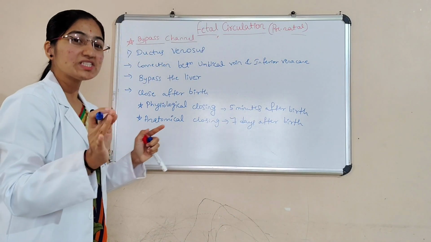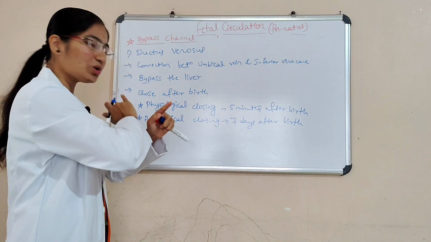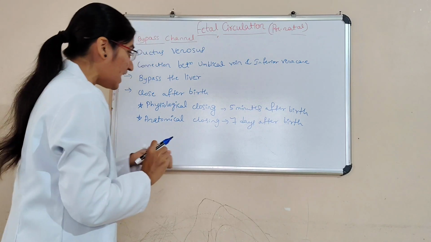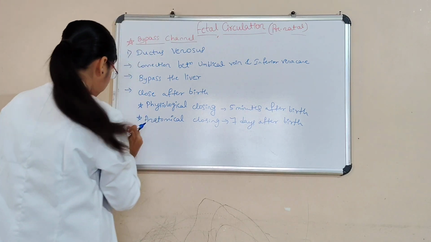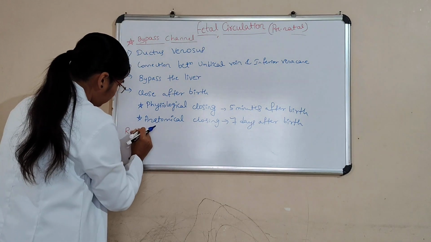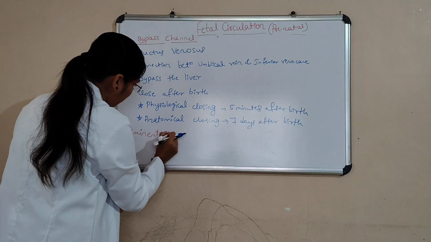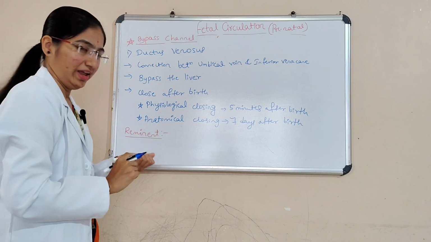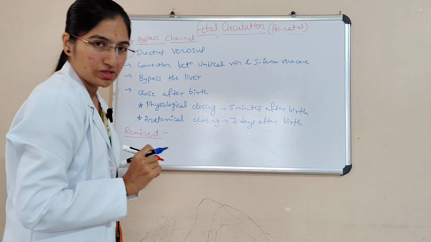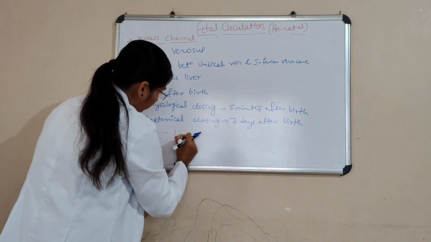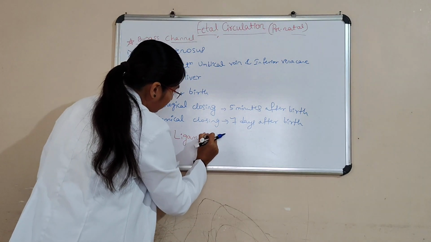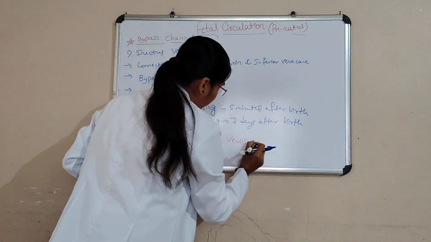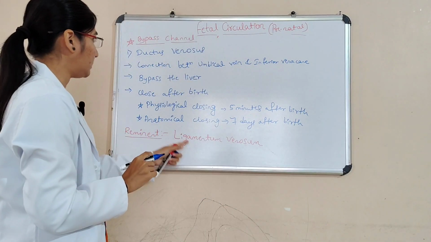The ductus venosus is going to close, going to disappear. Then what is the remaining thing? That is the remnant. Remnant means after closing the ductus venosus, what is going to remain? That is the ligamentum venosum. It's going to remain.